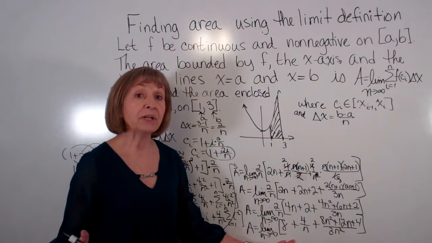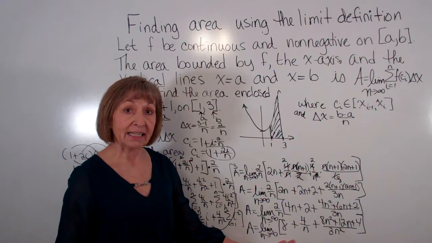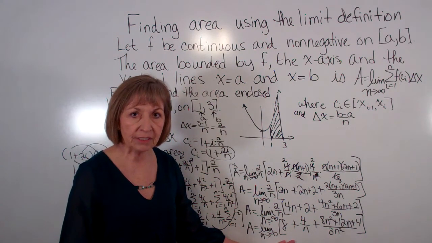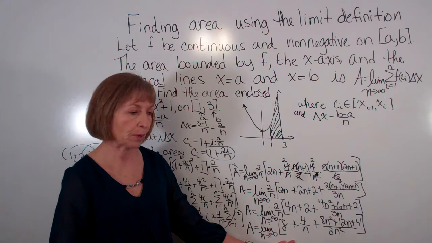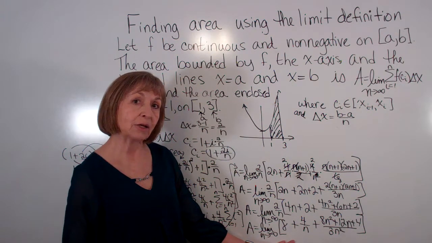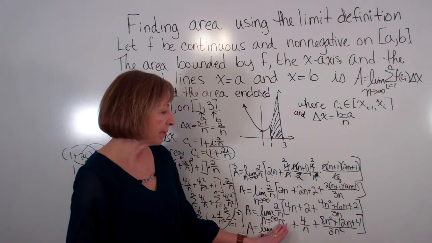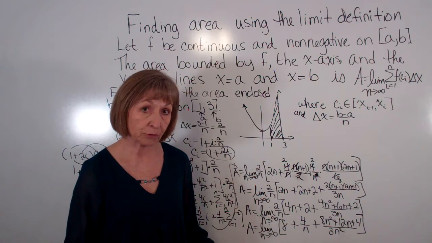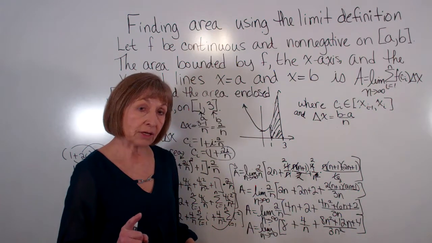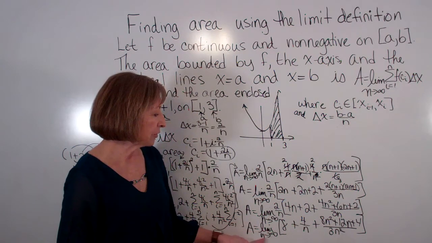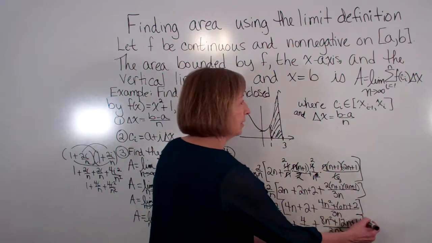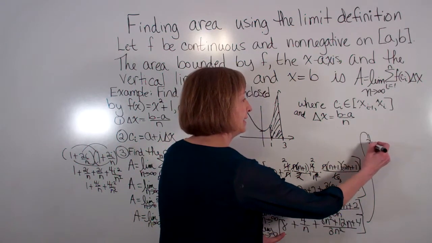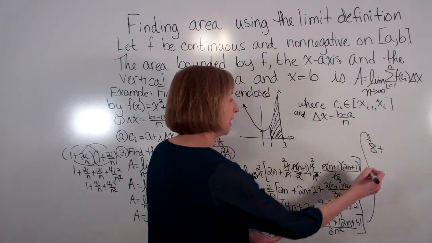Now, remembering your limits at infinity, and again, if that's something that you need a little review on, I'll put that link in the description as well. Well, the limit as n approaches infinity of my separate terms, I do term by term limits. Also, the limit as n approaches infinity of a number is just that number. So we have 8 and then plus.